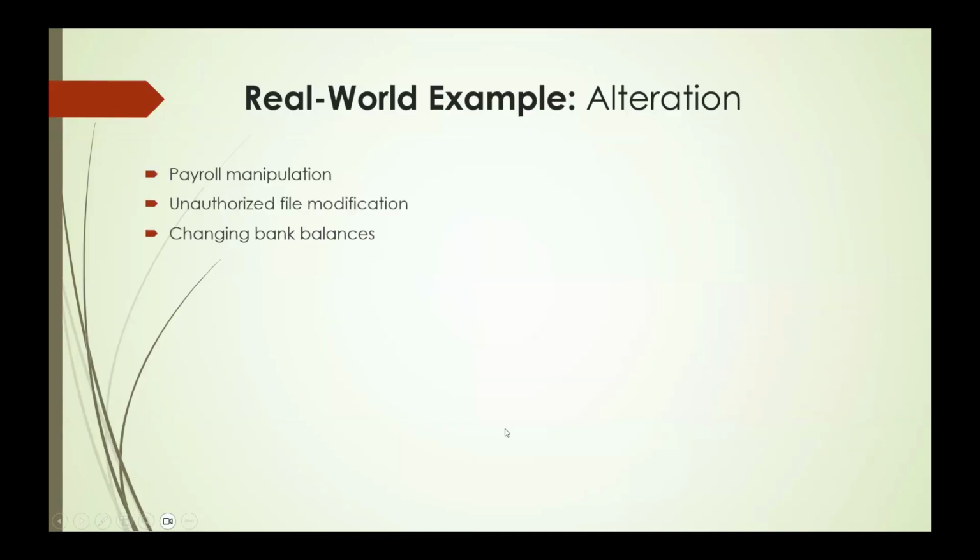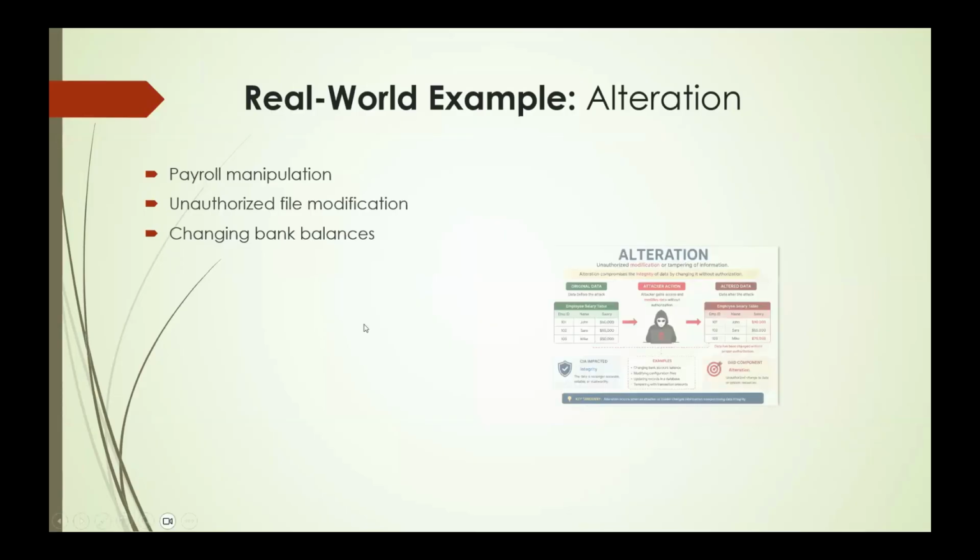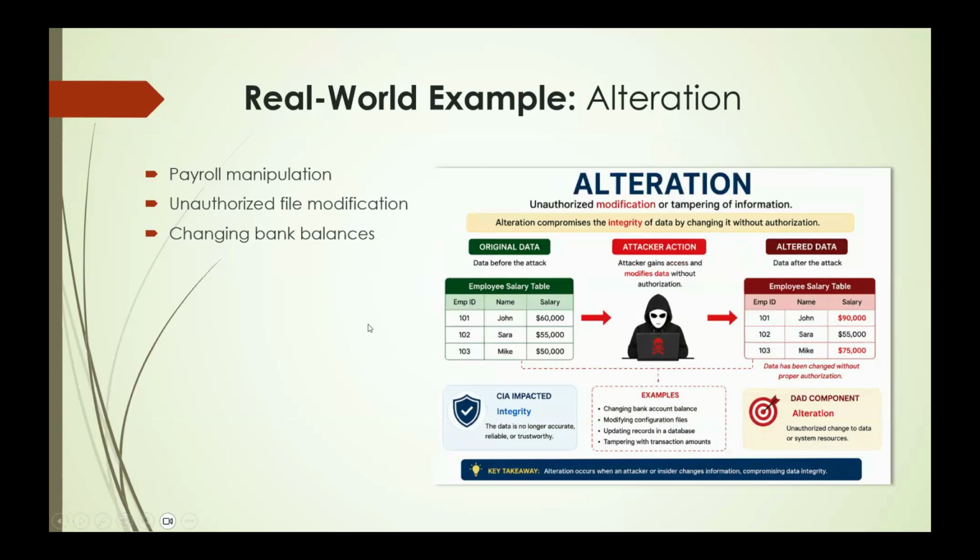Let's see another real world example of alteration. Suppose there is a payroll manipulation done by an attacker in the salary records. So the data is no longer trustworthy. This breaks integrity because information was modified improperly.